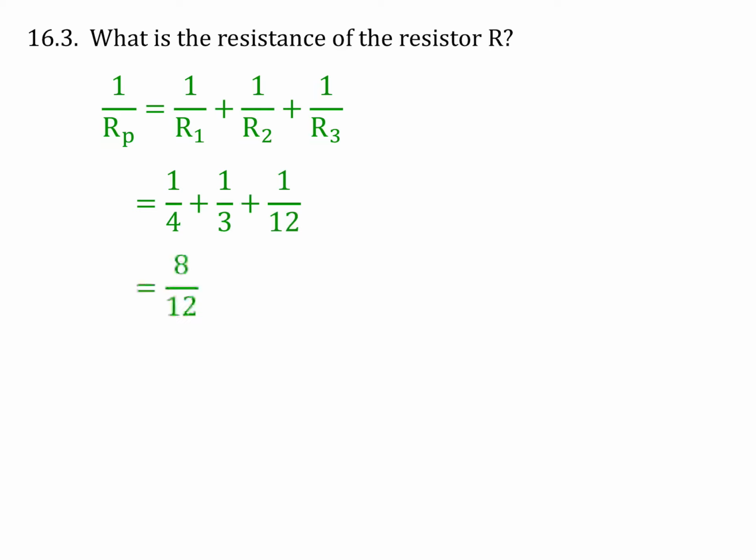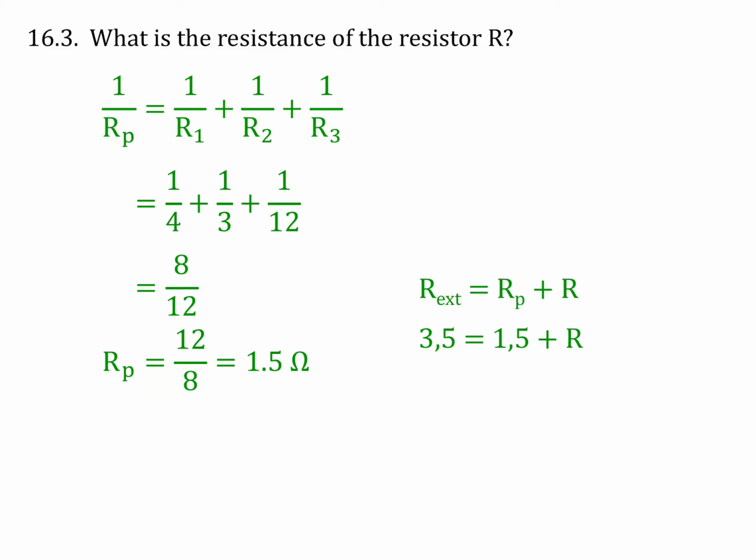Your calculator will probably give you 2 over 3. Remember, you've got to invert it at the end, so we get 1.5 ohms. R external would be the parallel plus R. R external is 3.5. Parallel is 1.5. R is what we're looking for, so R is 2. I know I've gone very, very quickly, but you can also pause the video and go through it again. That's not a problem.